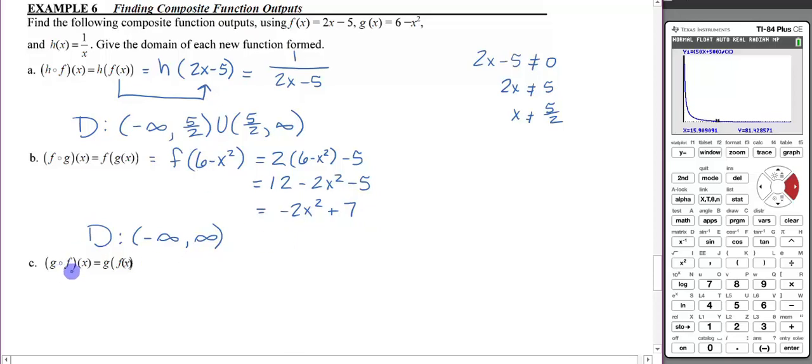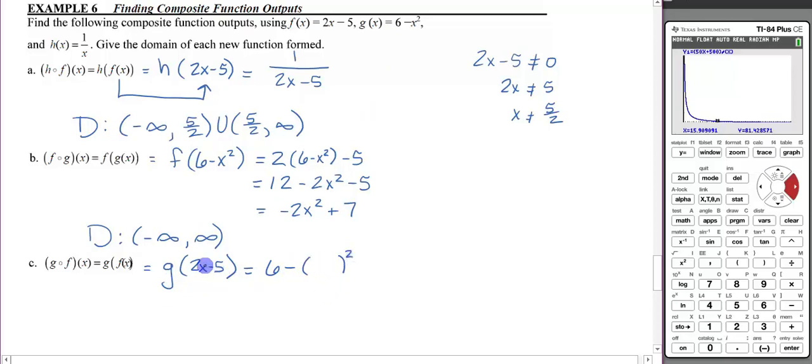G composed of f of x, which is by definition g of f of x. So this is g of my f of x function, which is 2x minus 5. Now we're going to take 2x minus 5 and put it into the g function. The g function says 6 minus whatever the input is squared.